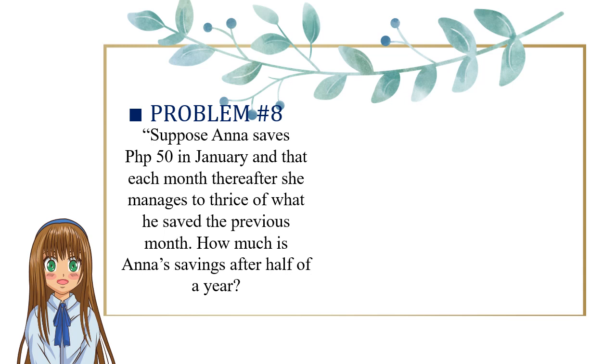So how many months is the equivalent of half of a year? And that is 6 months, of course. And what are we going to solve here right now? Is it a specific value of the 6th month or 6th term, or the sum of the first 6 months? Okay, so of course, in this problem, we're going to find the sum of the half of a year.